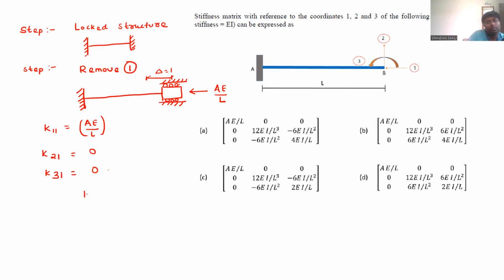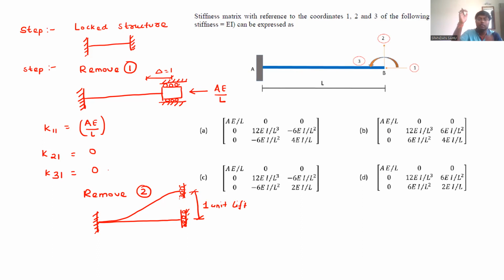Now remove 2. Here you have to provide 1 unit lift.